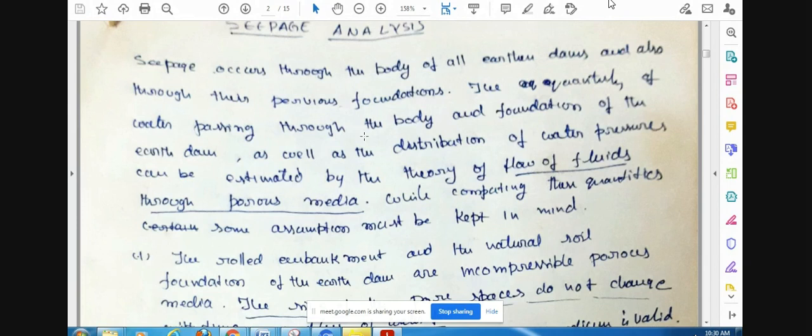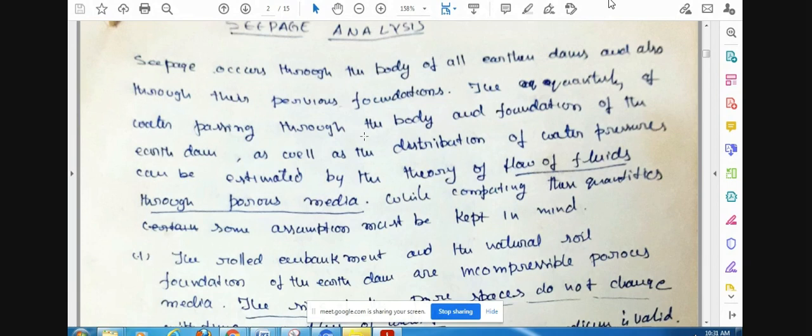Something is better than nothing, okay. By making some assumptions, the accuracy may be 80% to 85%. It will not be 100%. We cannot estimate exactly the quantity of seepage, but to a reasonable accuracy, we can estimate.